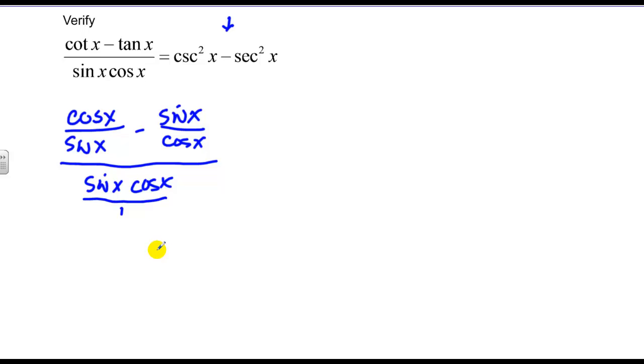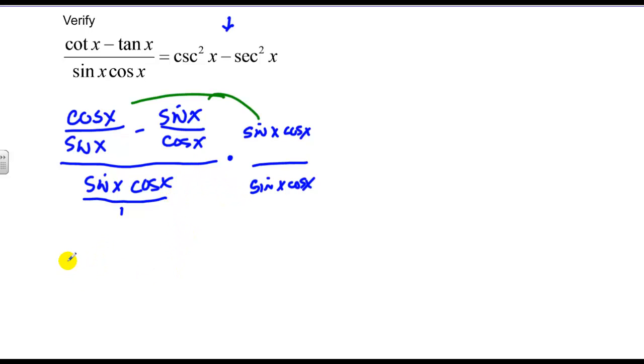I think what I'll do is multiply by sine cosine to the numerator and denominator, because that's the common denominator of both the numerator and denominator. You're going to have to distribute that and then multiply that through.